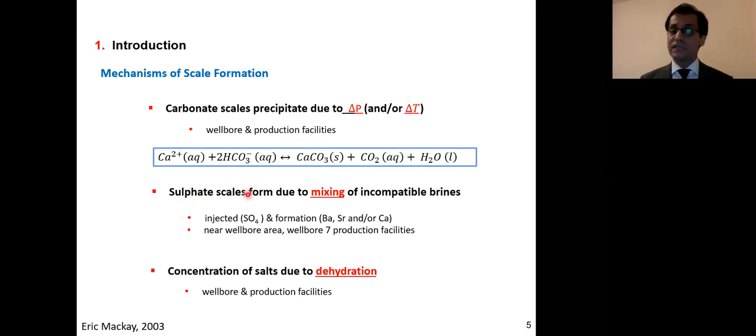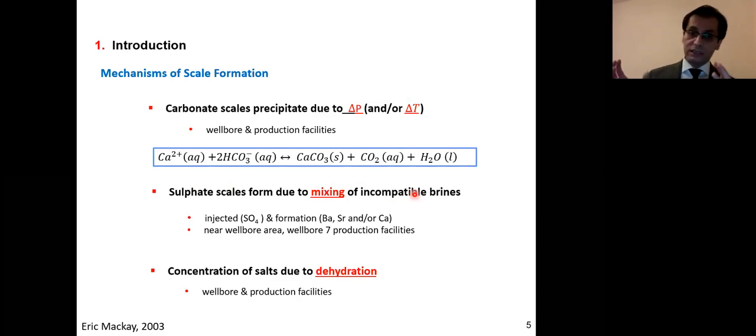Another type of scale, which is very hard to remove, is sulfate scale. It forms due to mixing of incompatible brines. Imagine that you have an oil reservoir and, to maintain the pressure of the reservoir, you need to do water flooding. In water flooding, you have seawater as the injected water and formation water, which already exists in the formation.